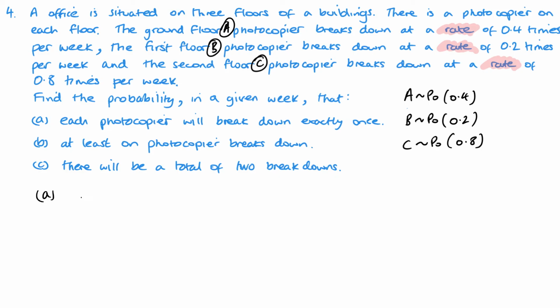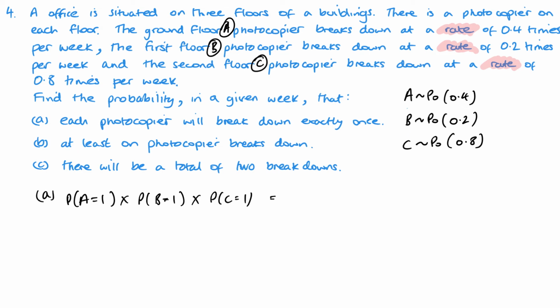So I want the probability when A equals 1 and the probability when B equals 1 and the probability when C equals 1. Remember that 'and' in probability is generally going to be multiplication. So this and this and this, that's what we're looking at.